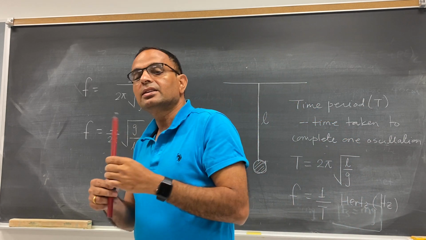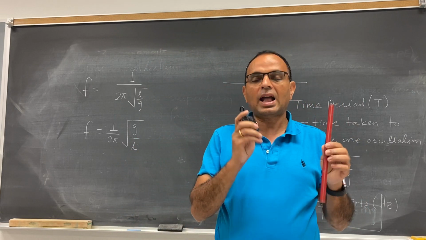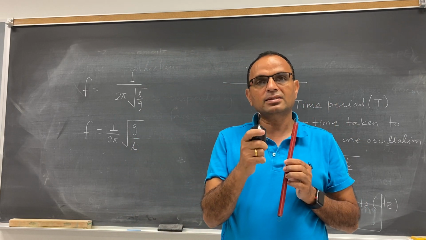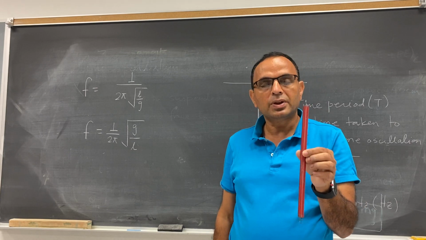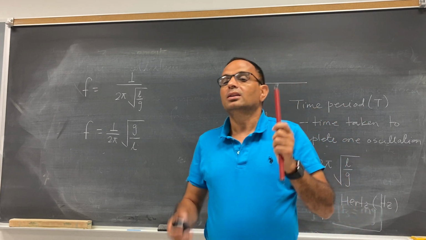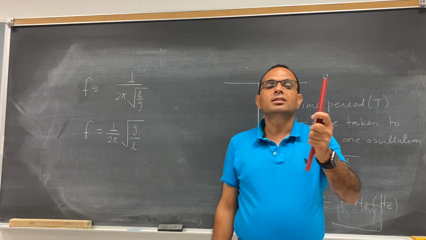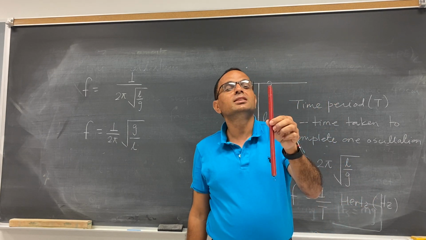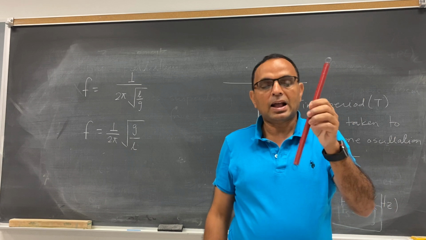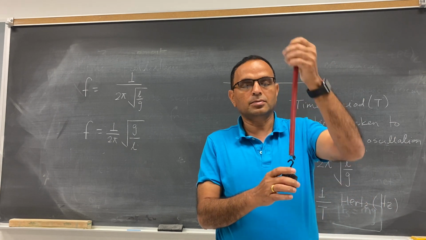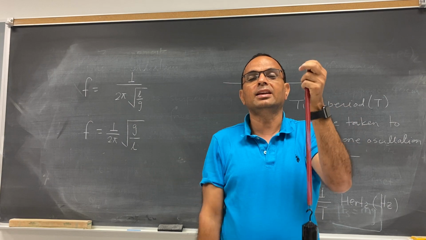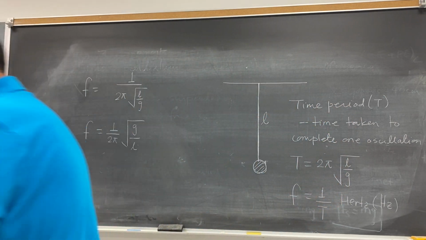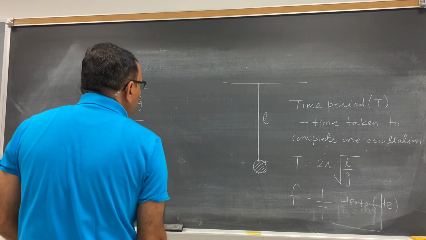In this case the time period depends on the oscillating mass and the spring constant. In the case of a spring, the time period depends on the attached mass and the spring constant. Actually, the time period of this mass spring system is equal to 2 pi square root m over k.